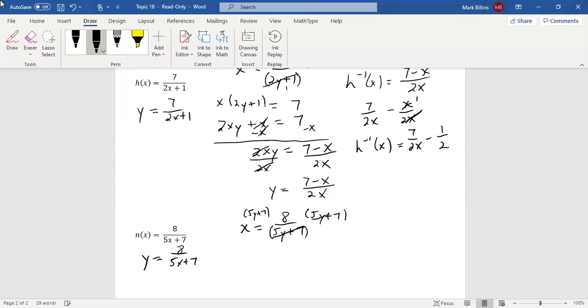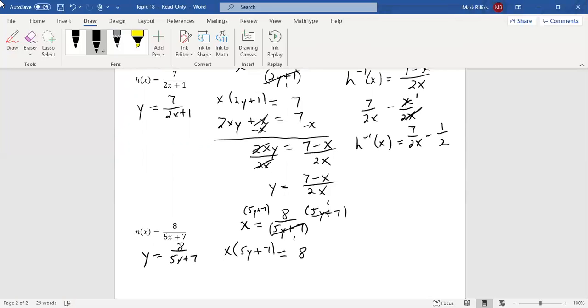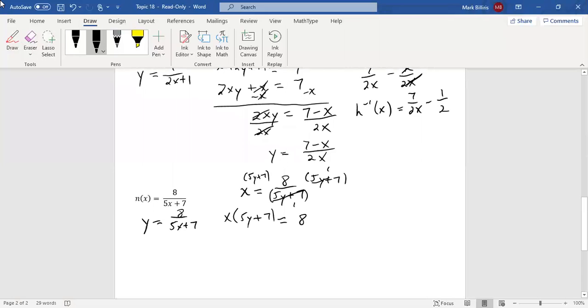On the right-hand side, that reduces to just 8. And on the left-hand side, I have x times the quantity 5y plus 7. Now use the distributive property, and this becomes 5xy plus 7x equals 8.